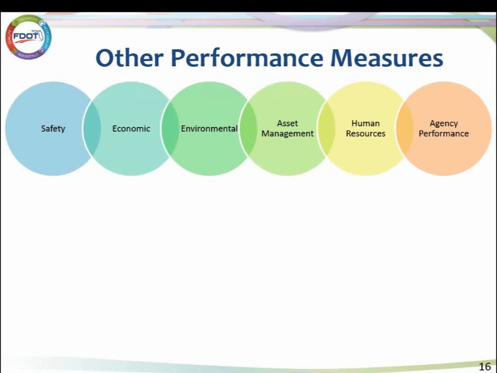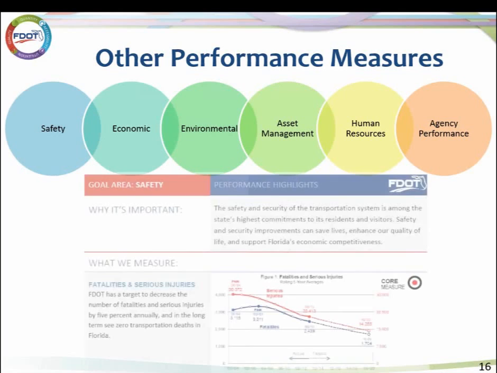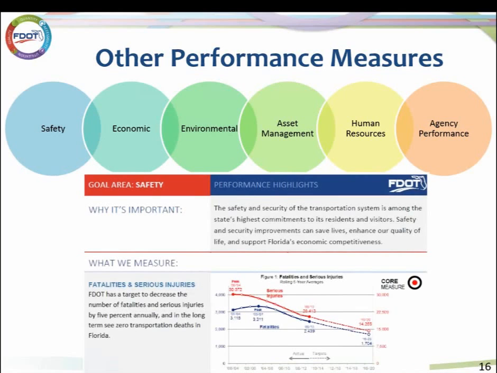So there are many performance measures, but what we're talking about is just mobility today. Here's just an example of the safety goal area that the department is working with the performance measures of fatalities and serious injuries, with the goal of reducing those. So again, this is just one example of one of the other areas that we use performance measures in.